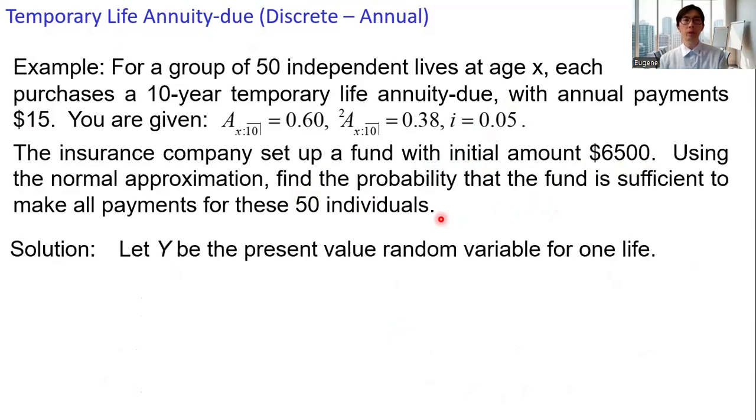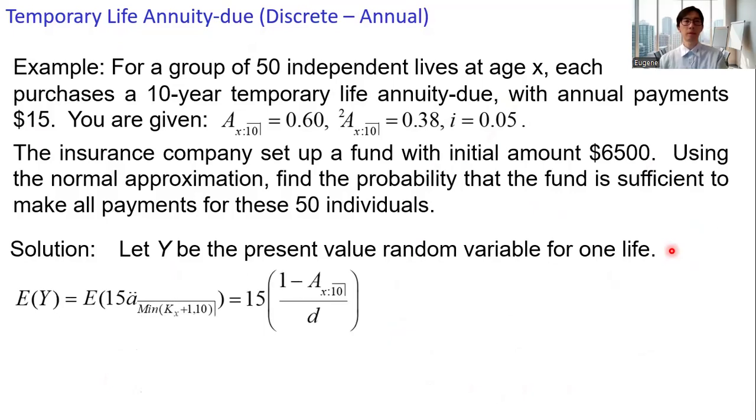Okay, the solution. Let Y be the present value random variable for one life. We need to get the expected value for Y. So we need to get the expected value of the 10-year temporary life annuity due. The annual payment is 15.